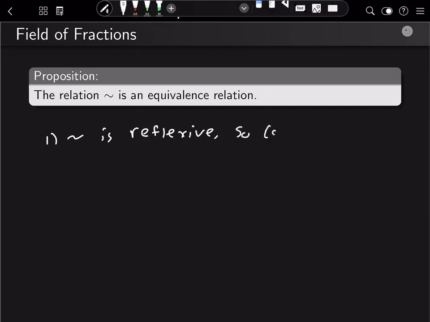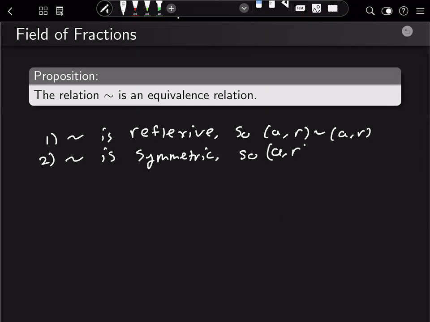So (a, r) is related to (a, r). We want to check that it's symmetric. So (a, r) is related to (a prime, r prime) is the same as (a prime, r prime) being related to (a, r).